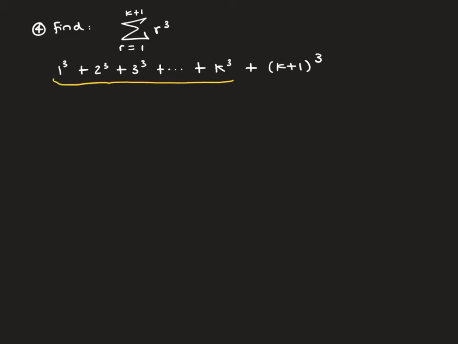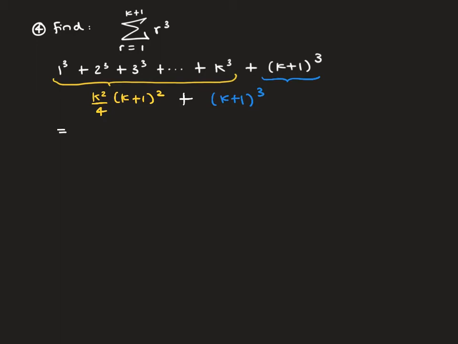We assumed that the sum of the first k cubed numbers was equal to k squared over 4, k plus 1 all squared, and we're adding to that, of course, the k plus 1 cubed value to get the sum of the first k plus 1 cubes.